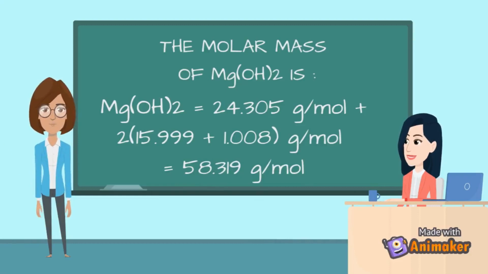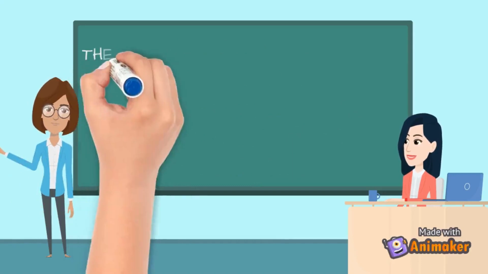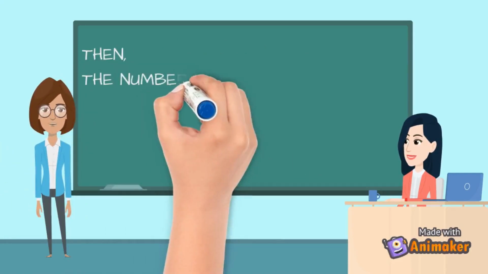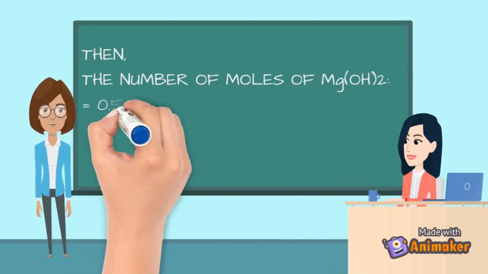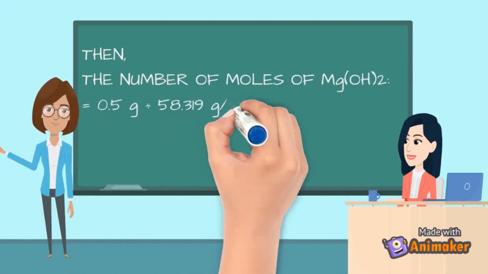This is equal to 58.319 g per mole. This means that the molar mass of magnesium hydroxide is equal to 58.319 g per mole.